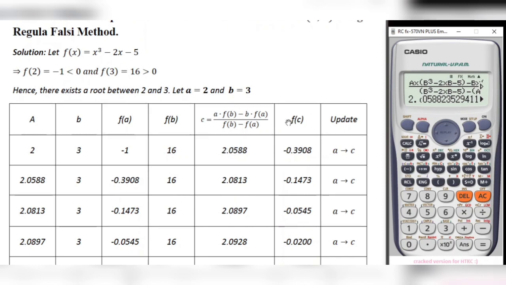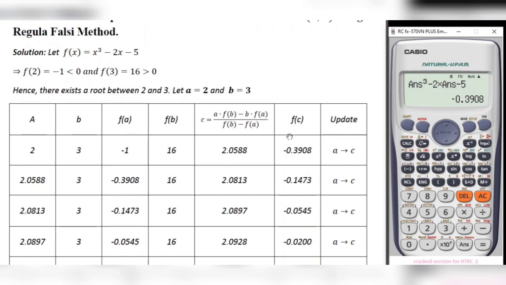To find out f of c, I type this equation in terms of answer, that is answer cube minus 2 into answer minus 5. If I press equal, I get f of c, that is minus 0.3908.